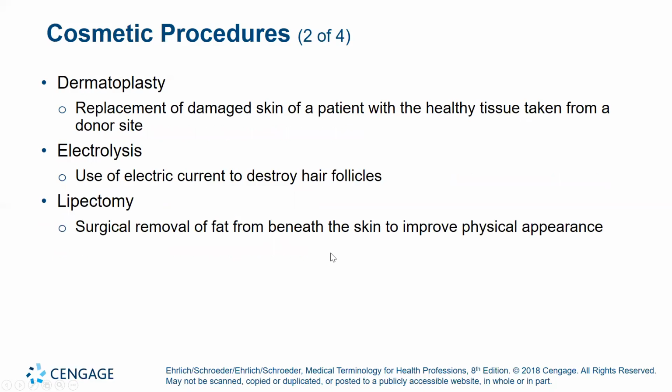We have dermatoplasty. Again, it's surgical replacement of damaged skin of a patient with healthy tissue taken from a donor site. Electrolysis, this is use of electrical current. What they do is to destroy hair follicles. We have lipectomy, surgical removal of fat from beneath the skin to improve physical appearance.